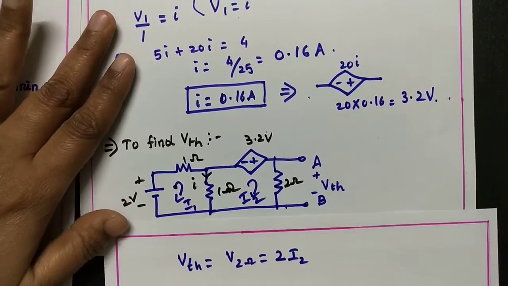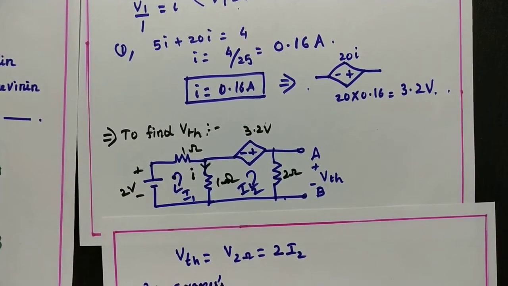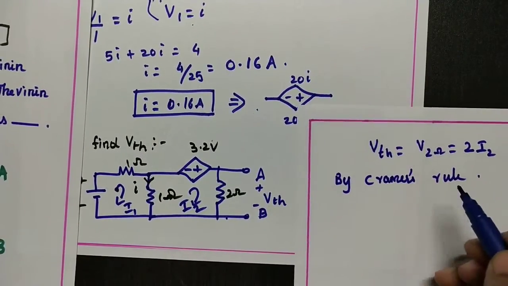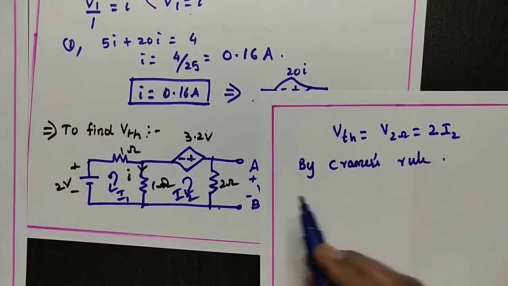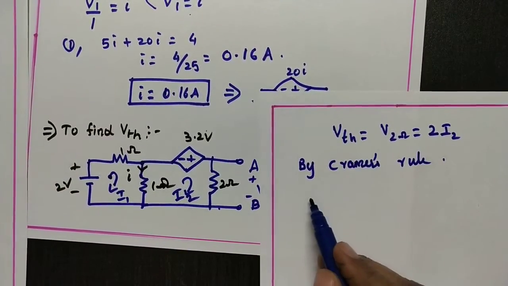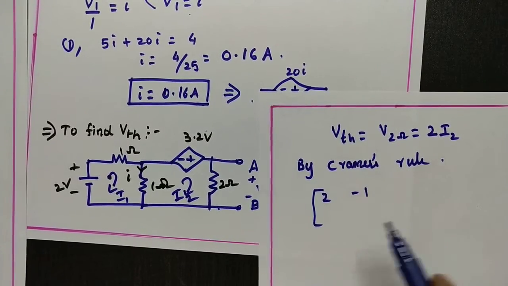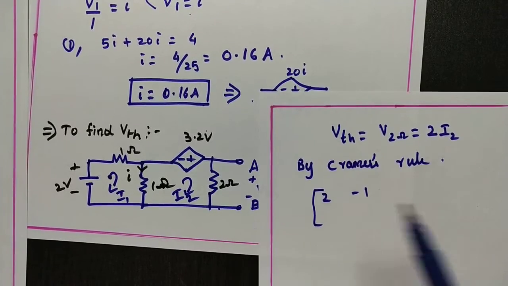So by Cramer's rule, we are writing the matrix equation directly. This is 1 ohm, this is 1 ohm. So 1 plus 1, 2, and here minus 1, and this one is 1 ohm, this one is 2 ohms.